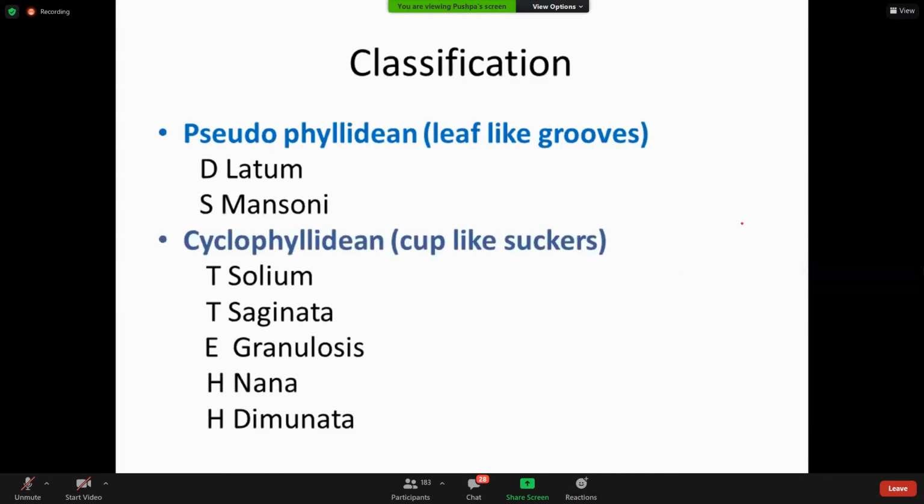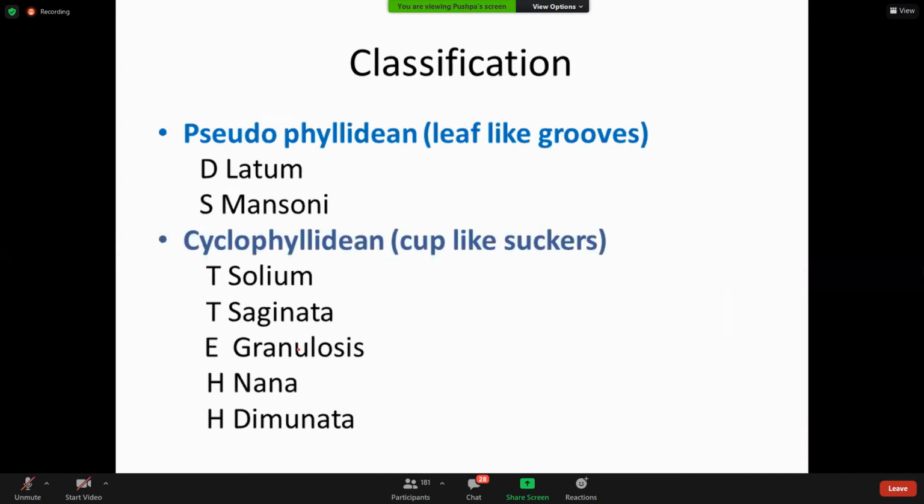Okay, so two big groups: Pseudophyllidea, which includes D. latum, and Cyclophyllidea, with cup-like suckers.